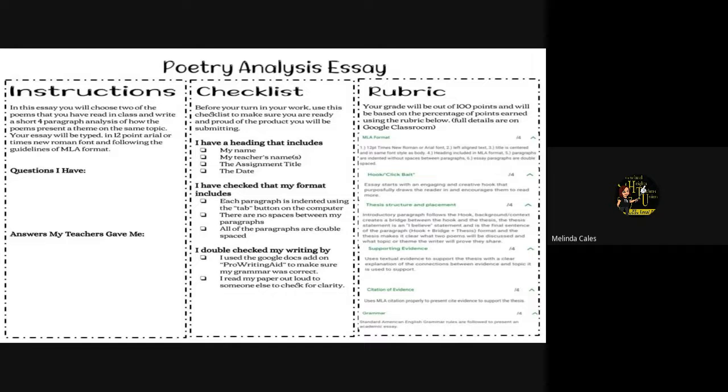So the instructions are simple. I want you to pick 2 of the poems that we will have looked at this week. So you'll pick either Tupac or Langston Hughes's poems, or you can pick Neruda and Shakespeare.